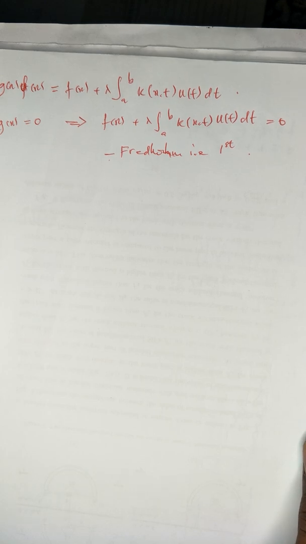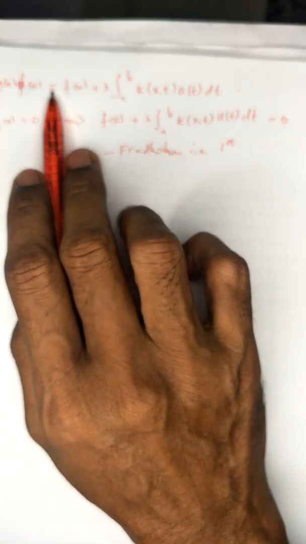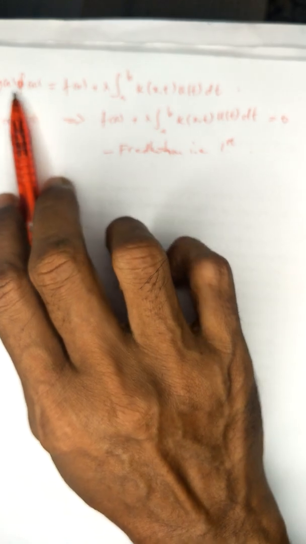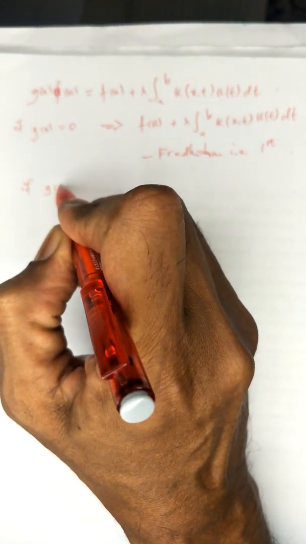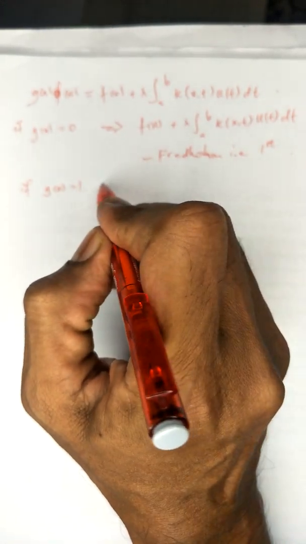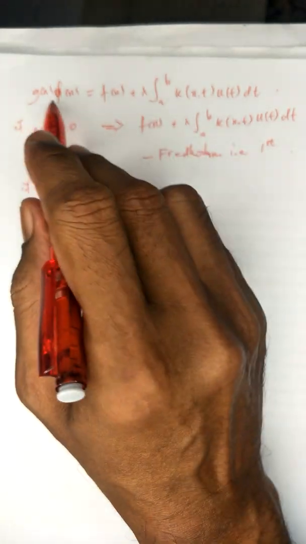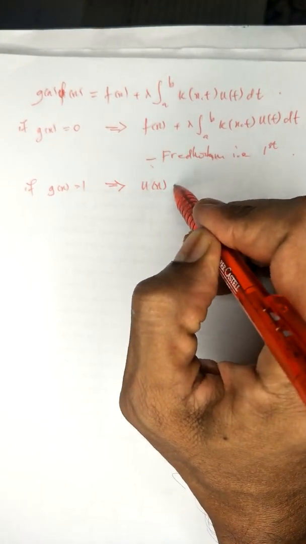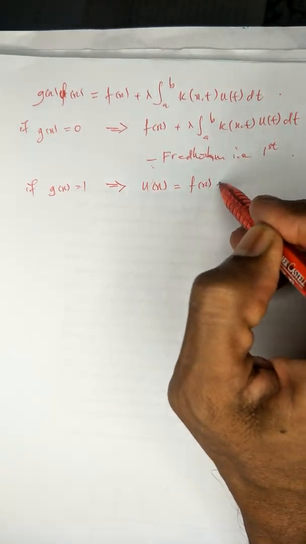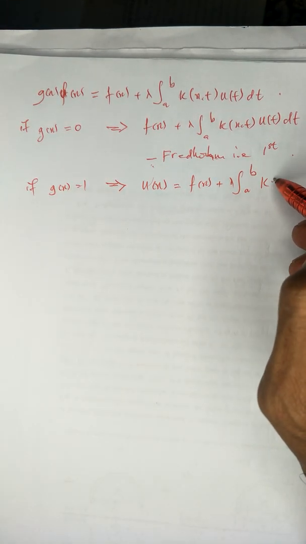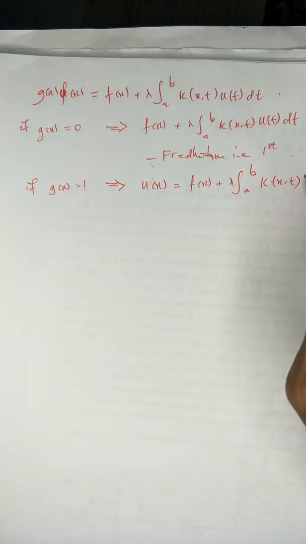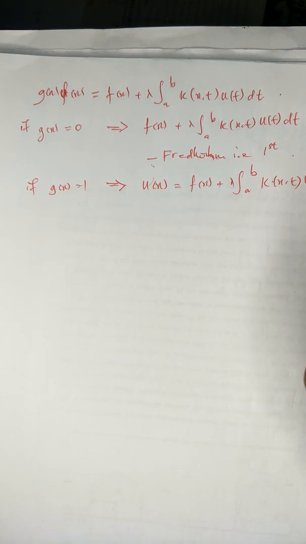Then again, if we set g(x) is 1, what we have is u(x) equal to f(x) plus lambda integral from a to b of K(x,t) u(t) dt.